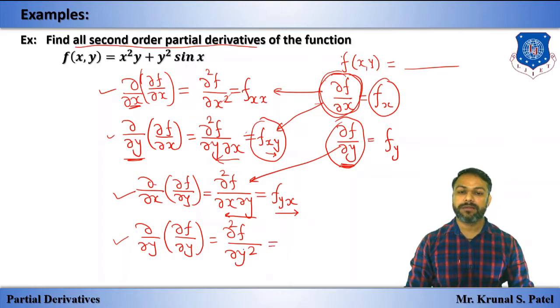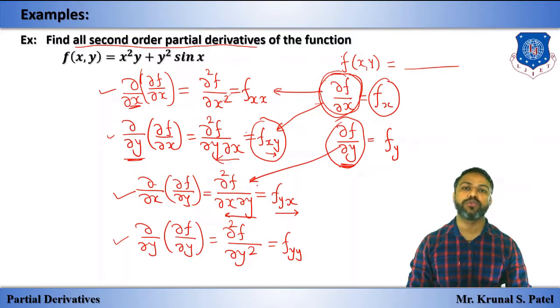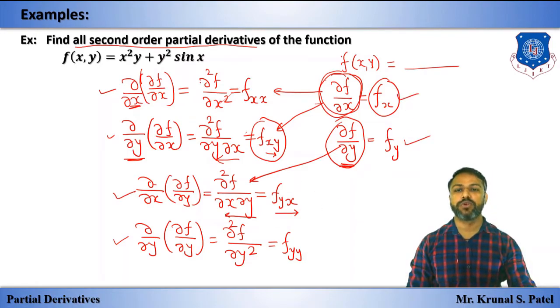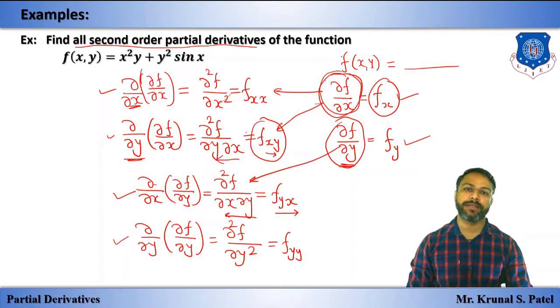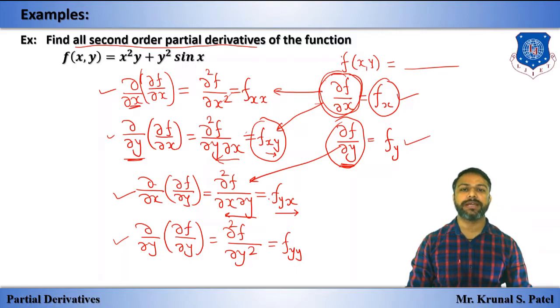And 2 times with respect to y, that means f y y. Don't write y square, keep in your mind. So these are all the second order partial derivatives, and to find second order partial derivatives you must find first order partial derivatives first. I'm just removing this, you can take a look at all these four second order partial derivatives.